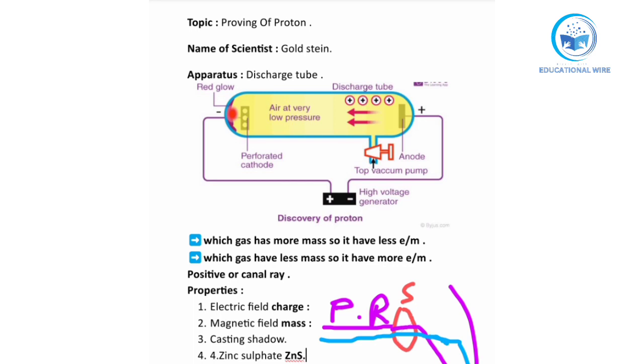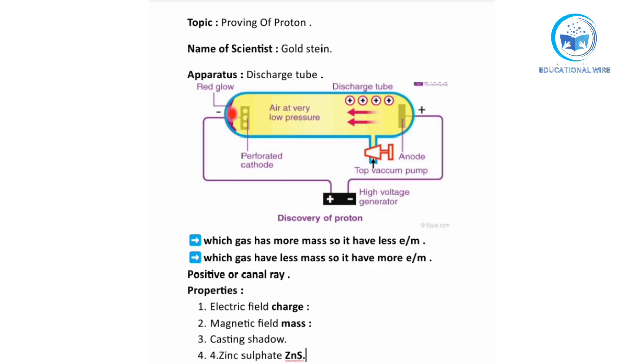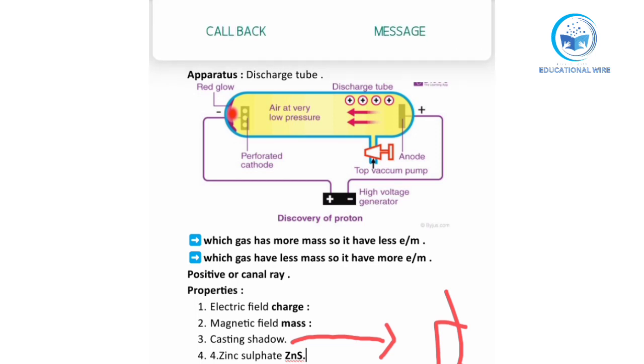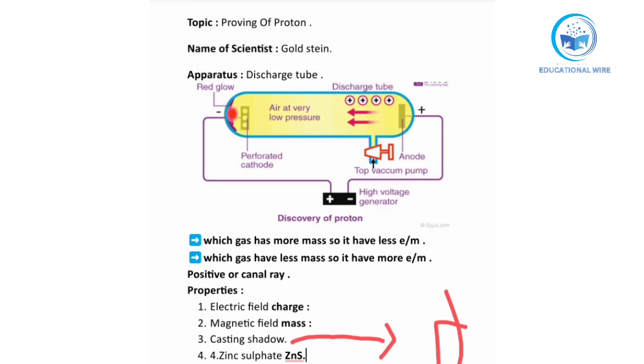After that, talking about casting shadow. What happens in casting shadow is that we have a positive ray, and here we have a mirror or an object. When the ray moves fast over here, it keeps going and makes a very straight shadow.